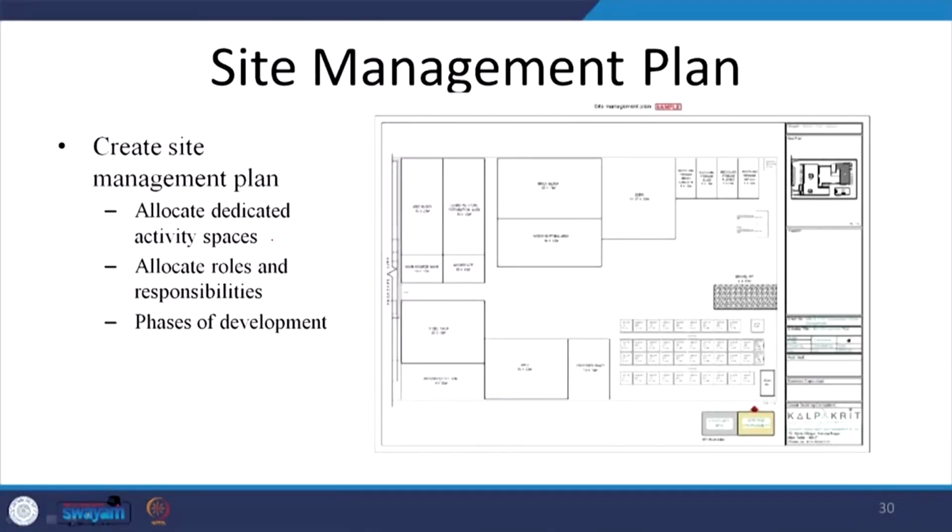How in a phase-wise manner the construction activity will go on, so that the transportation of materials through the site is not happening as much and the development footprint is contained. There will be dedicated activity spaces, dedicated roles and responsibilities for people, and different phases of development will be identified and planned.